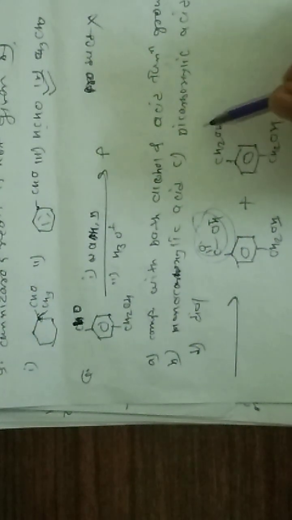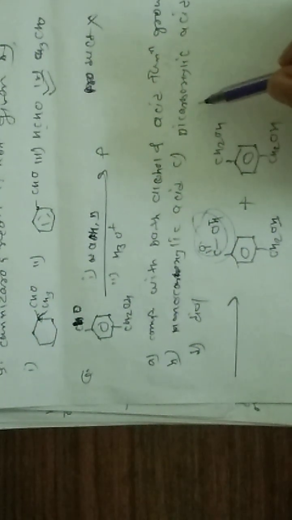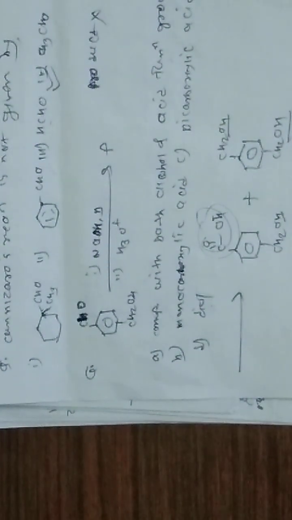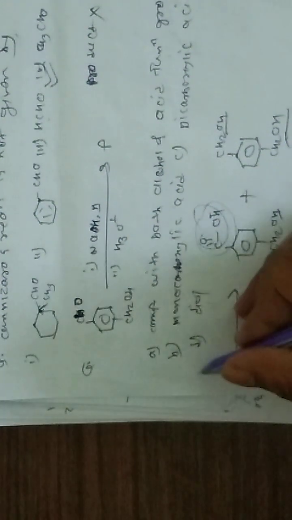Now C: is there any product with a dicarboxylic acid functional group? No. So this option is the answer, since the question asks which is not a product. The last one is diol: two hydroxy groups, that is two alcoholic groups, so we can call this product a diol. So the other options are correct products, but the answer is option C, because the question asks which is not a product of that reaction.